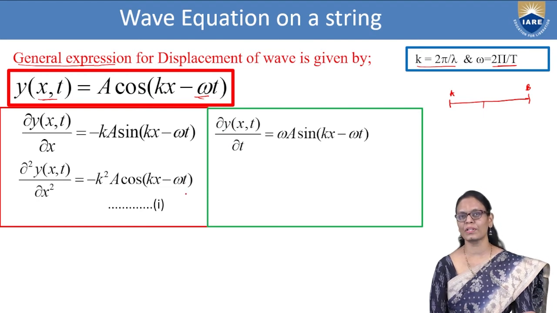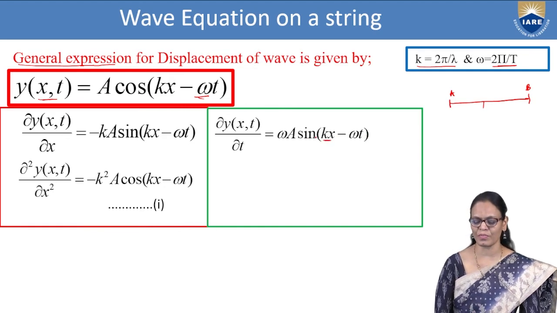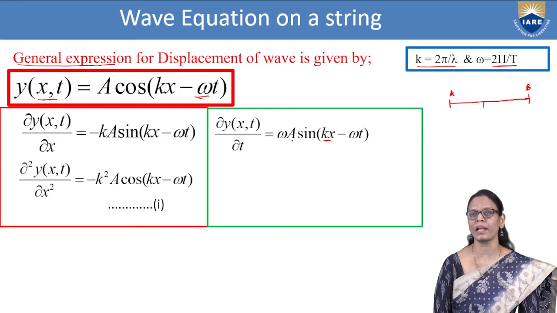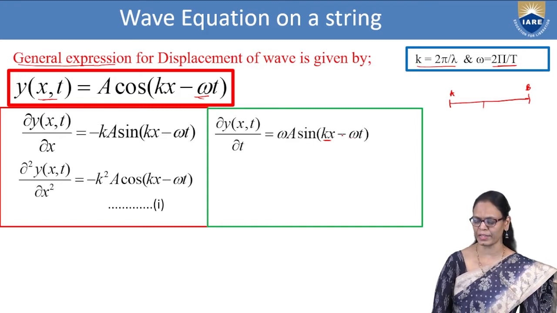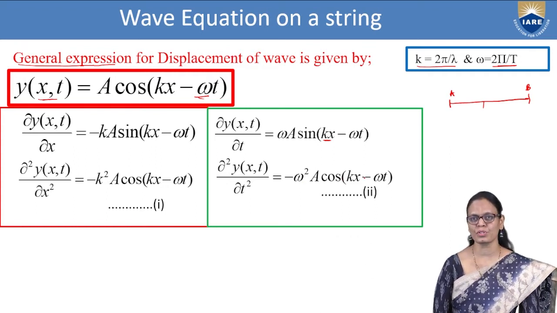Dou y by dou t will be omega a sin(kx minus omega t), where kx remains constant. Taking the second derivative, dou square y by dou t square will be minus omega square a cos(kx minus omega t). Let it be equation 2.